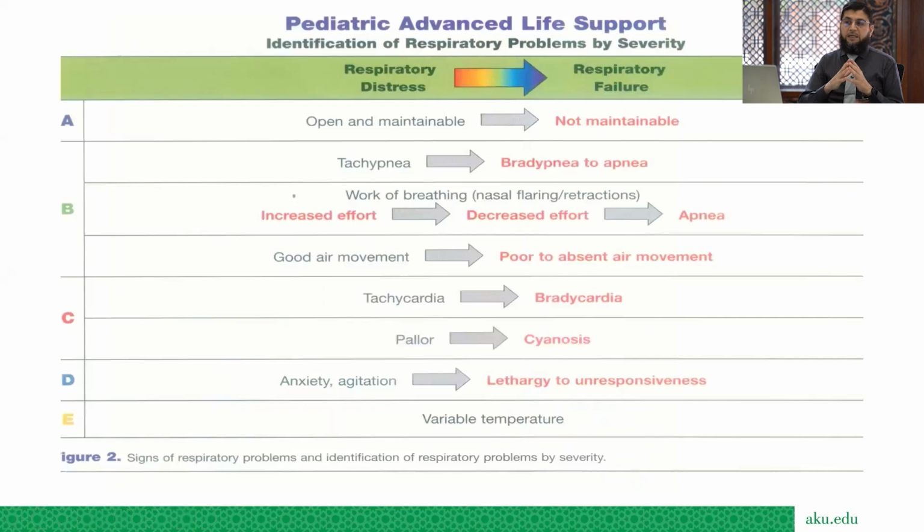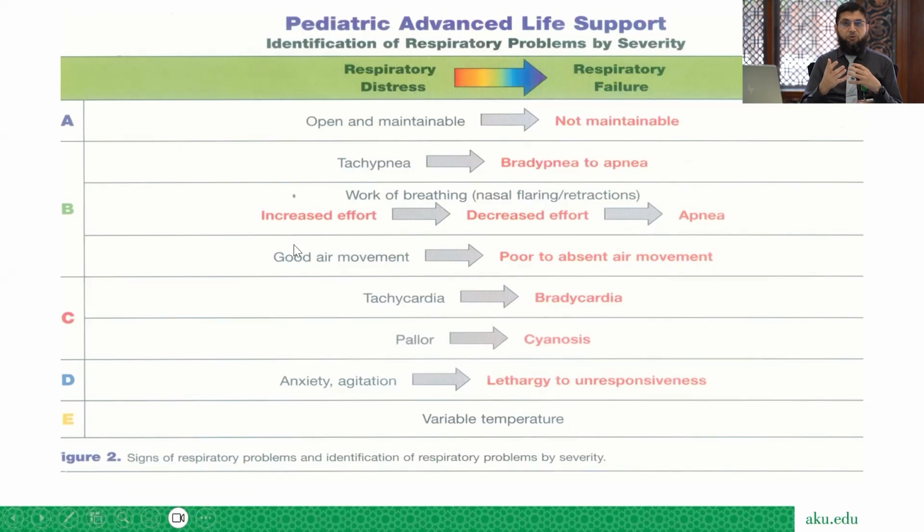So what are the signs of respiratory distress and respiratory failure? How can you differentiate them? If the airway is patent and maintainable, that is distress; in respiratory failure it is not maintainable. In respiratory rate, they are tachypneic in distress, while they are bradypneic or apneic in respiratory failure. Work of breathing is increased with respiratory distress: nasal flaring, retractions.